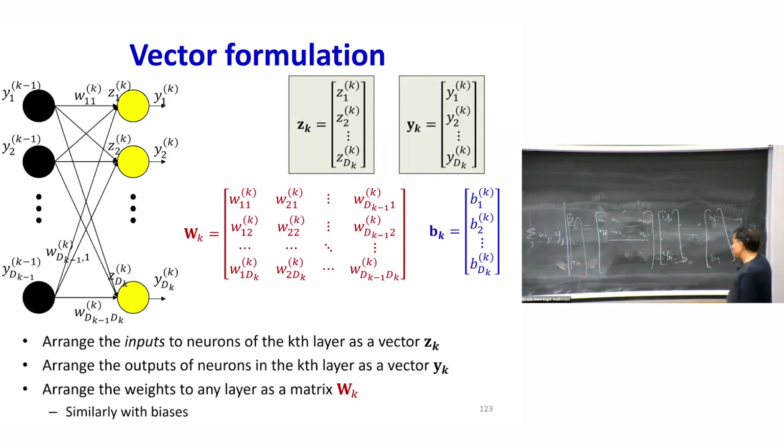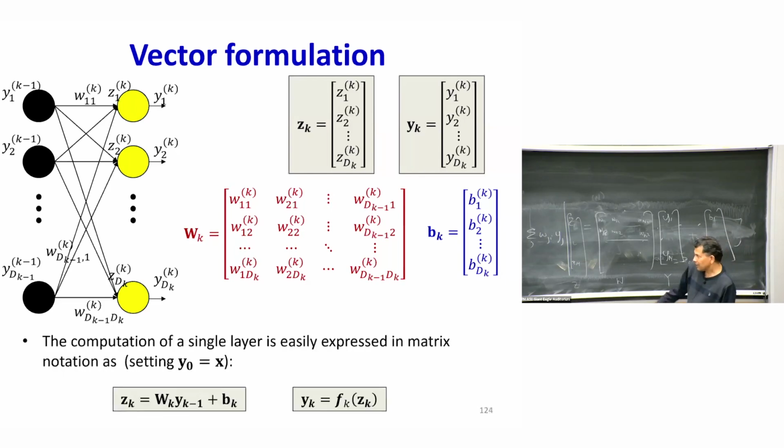So if I write this entire thing as a vector z, and this has a weight matrix w, this is a vector y, and this is a vector b, I can just write z equals wy plus b. That makes sense? And of course, now I can apply activations to these z's to get the y's. And so we've done the whole thing in matrix form.